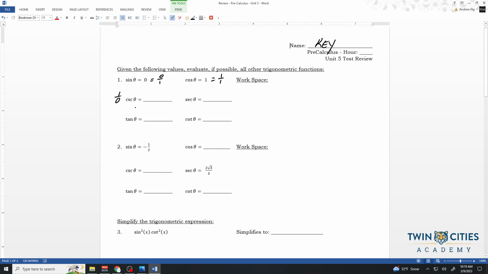I can't ever divide by 0. So I would say that the cosecant of theta is undetermined or undefined. Whereas the secant, if I take the reciprocal of 1 over 1, I still have 1 over 1, so this would be 1.